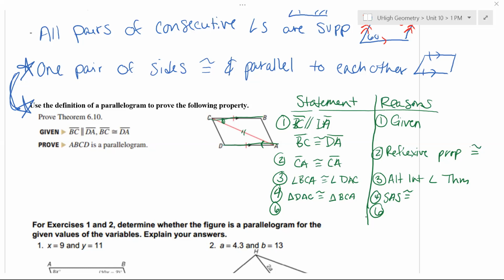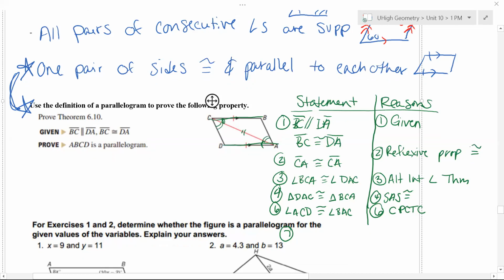Well, if I can prove that angle ACD is congruent to angle BAC by the CPCTC, then number 7, and I'm going to mark that in my image again. So I marked those two angles are congruent.